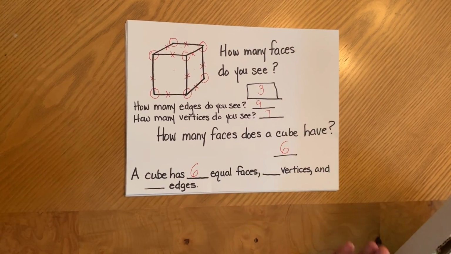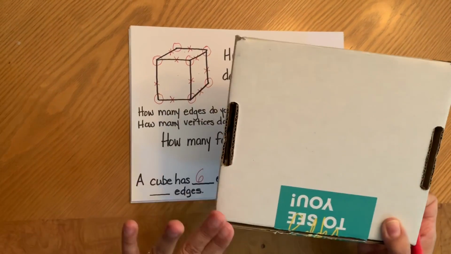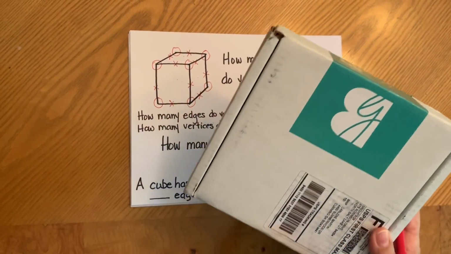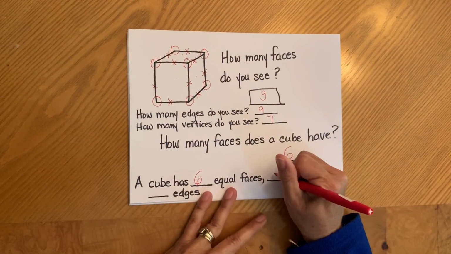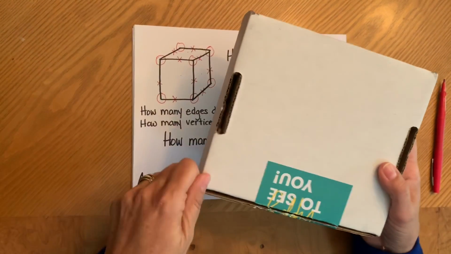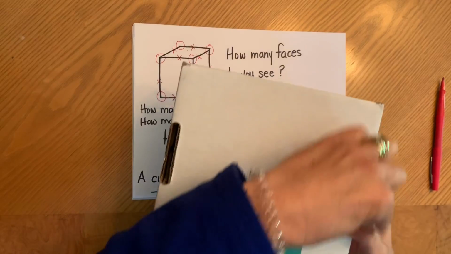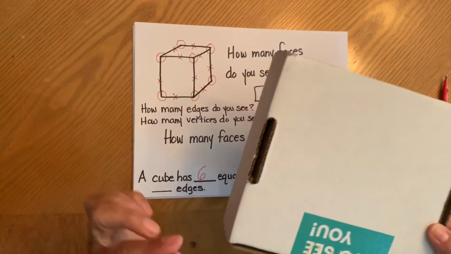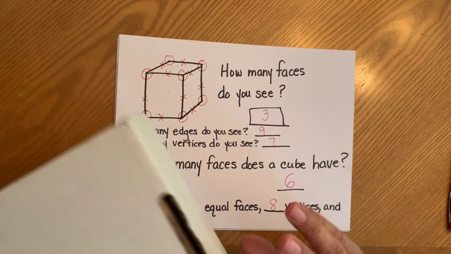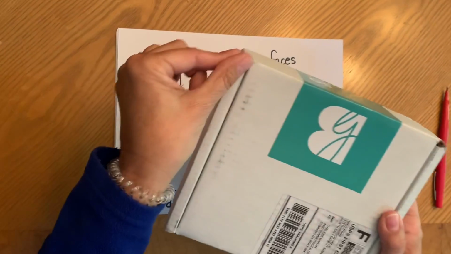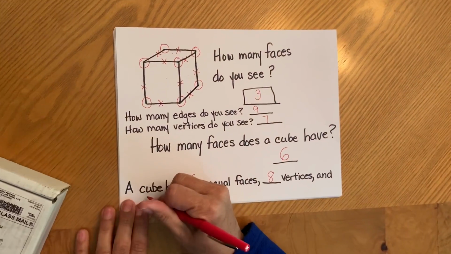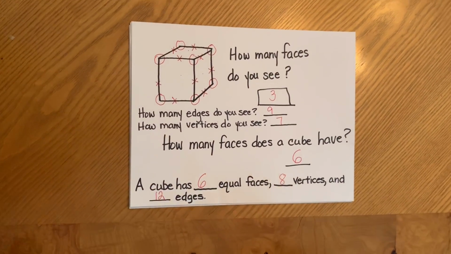How many vertices does it have? 1, 2, 3, 4, 5, 6, 7, 8. 8 vertices. And edges, we have 1, 2, 3, 4, 5, 6, 7, 8, 9, 10, 11, 12. It has 12 edges. Hope you got to see that okay.